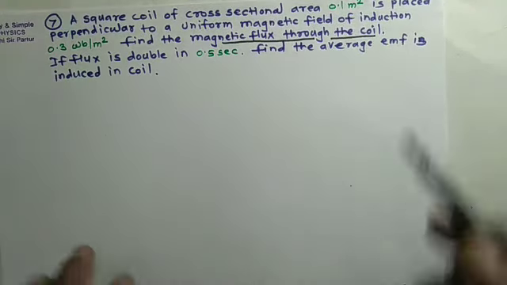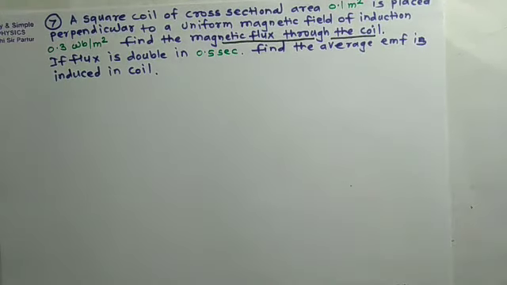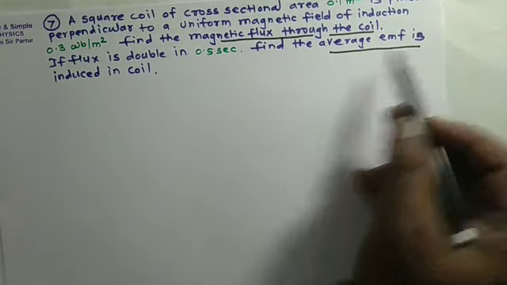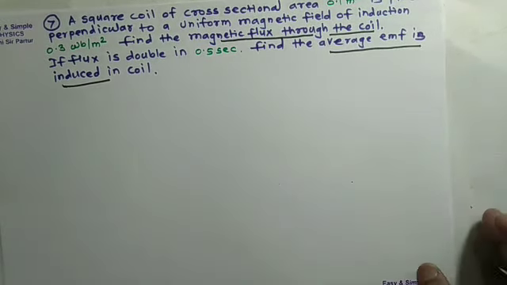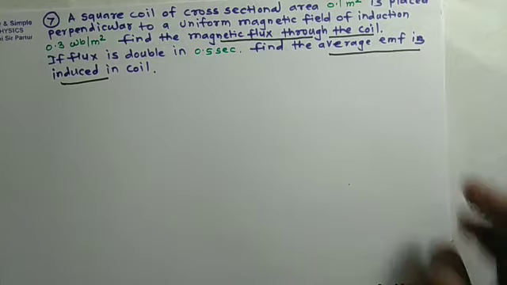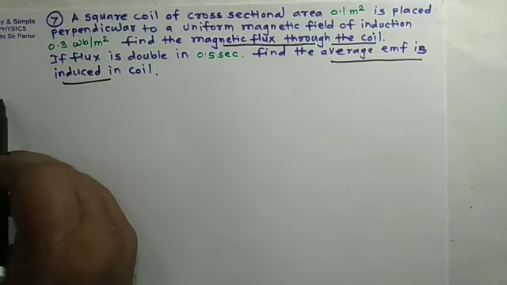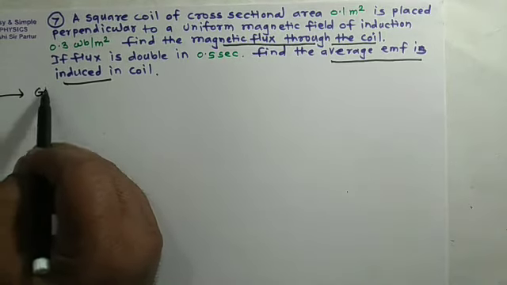If the flux is doubled in 0.5 second, find the average EMF induced in the coil. We can find out the average EMF which is induced in the coil. See here, such an example can be solved by using the given values.